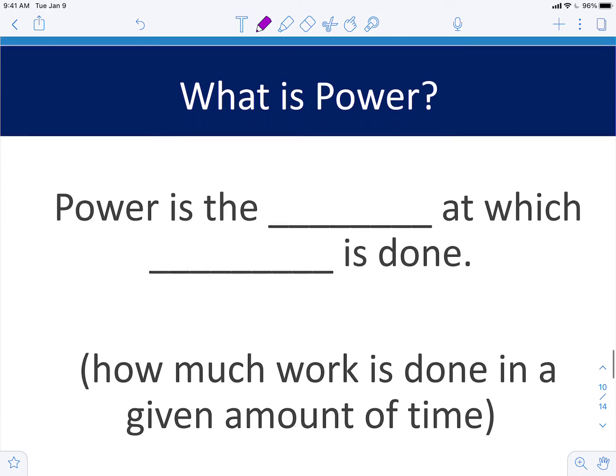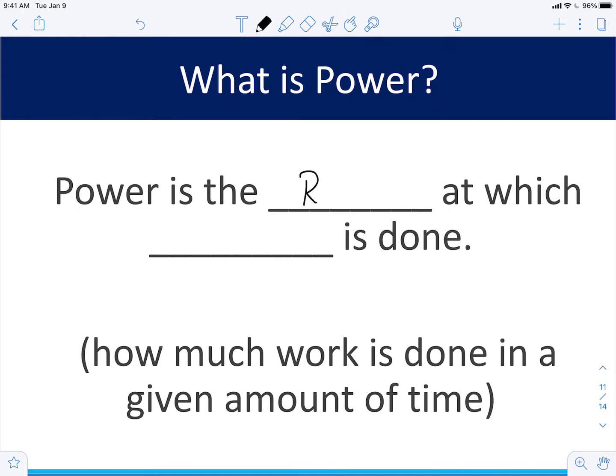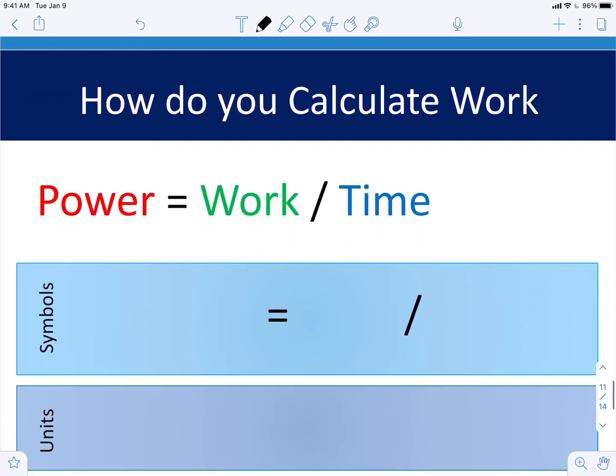Another thing we're going to take a look at is power. Power is the rate that work is done. So when we think about it, it is how much work we can do in a given amount of time. All right. The equation is the power is equal to the work divided by time. We'll use capital P for power. Remember, W is work and little t is time.